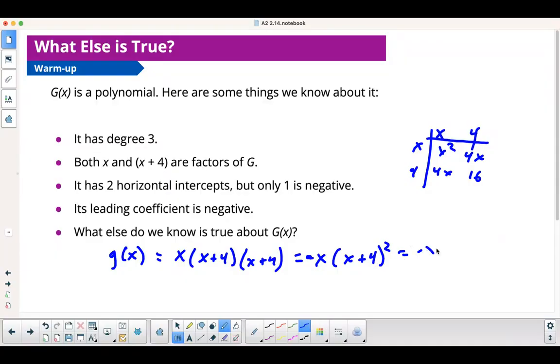So it would be negative x times x squared plus 8x plus 16. Then if I distribute that, I get negative x cubed minus 8x squared minus 16x. Sorry, minus 16x.